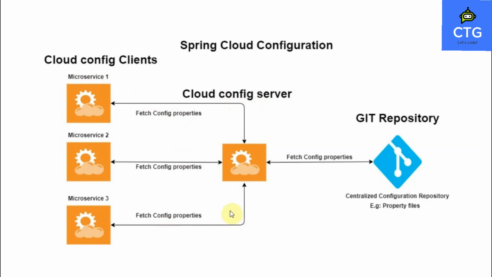We will see it one by one, video by video. Let me give a quick idea of how the interaction happens from the config server to the Git repository: it acts as an internal HTTP call. We will discuss it in detail in the next video with live coding and a real-time sample.